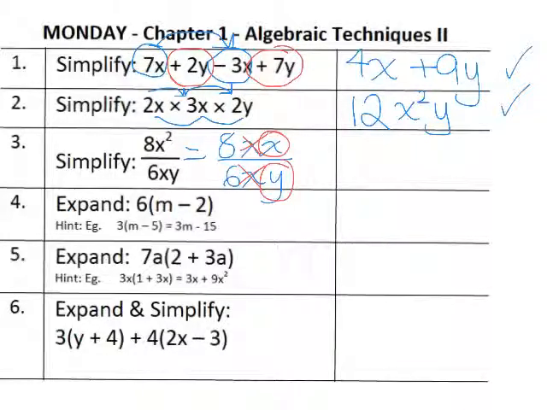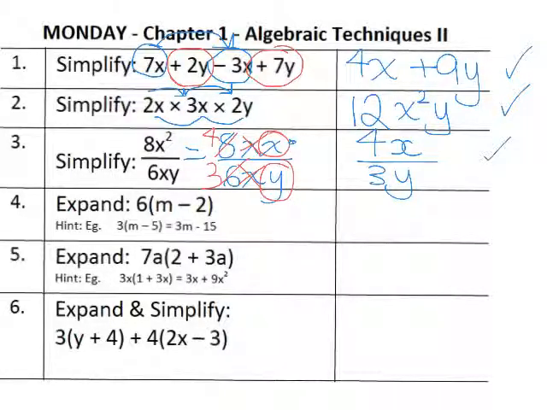Are there any numbers that go into 8 and also go into 6? You might have picked that 2 goes in 4 times on the top, 3 times on the bottom. So when I put it all together, I've got a fraction with a 4 on the top and this little x also on the top. And I've got a y on the bottom with a 3. So I write 3y, and that is the simplified answer.